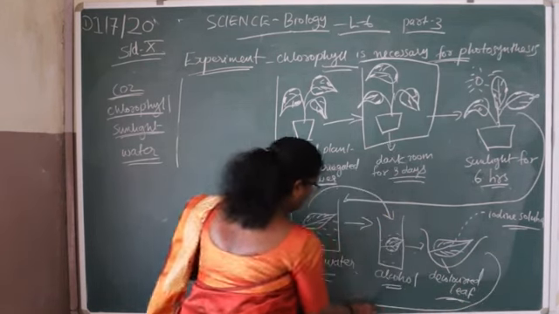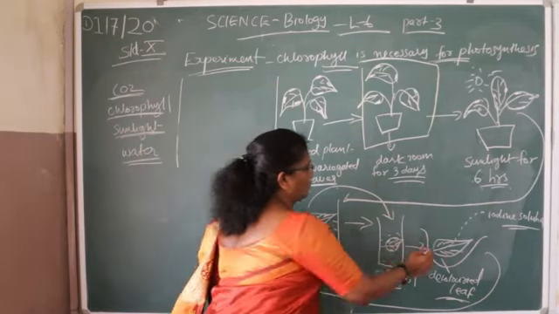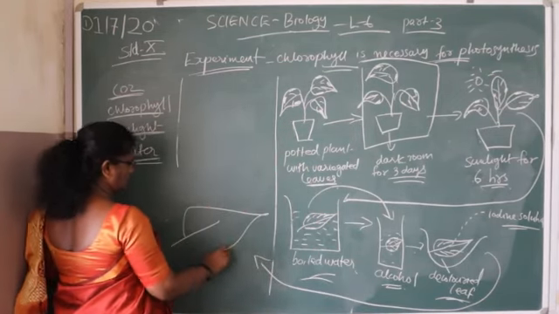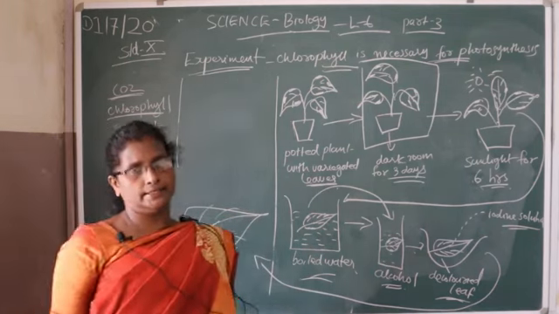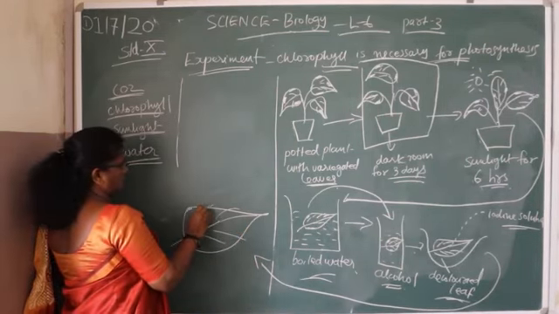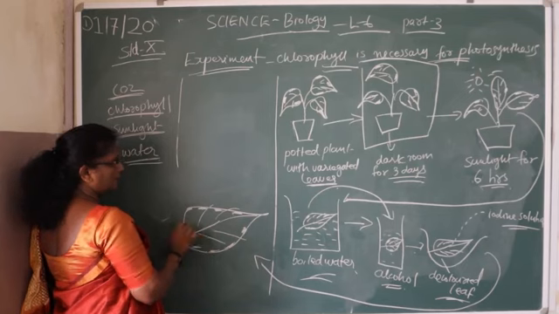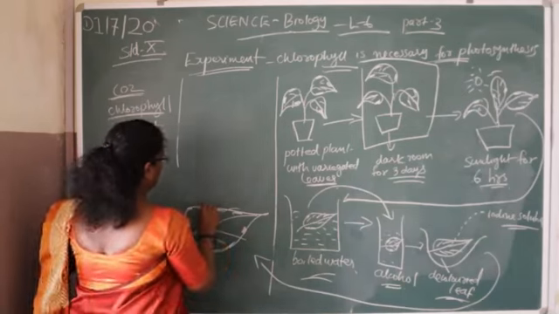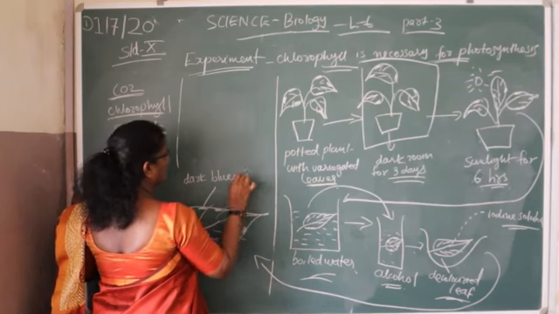Last step, put 1 or 2 drops of iodine solution over the decolorized leaf. Then we can see that the green part of the leaf becomes dark blue in color.